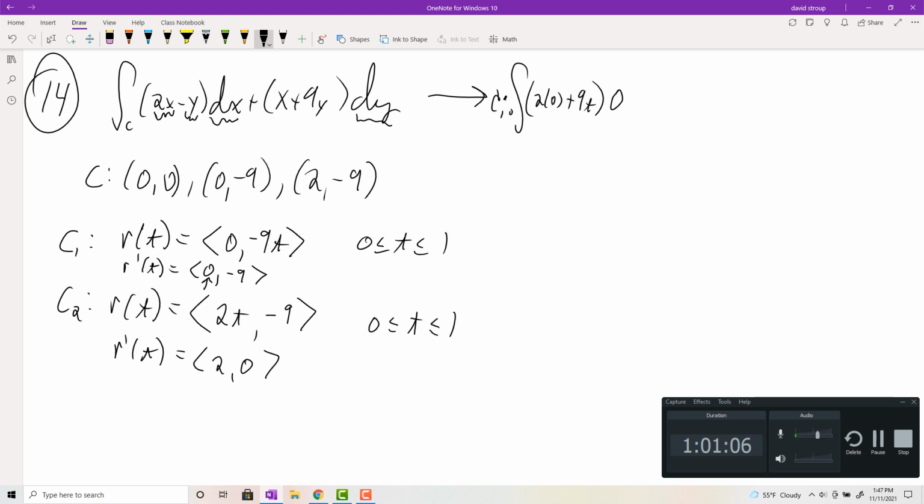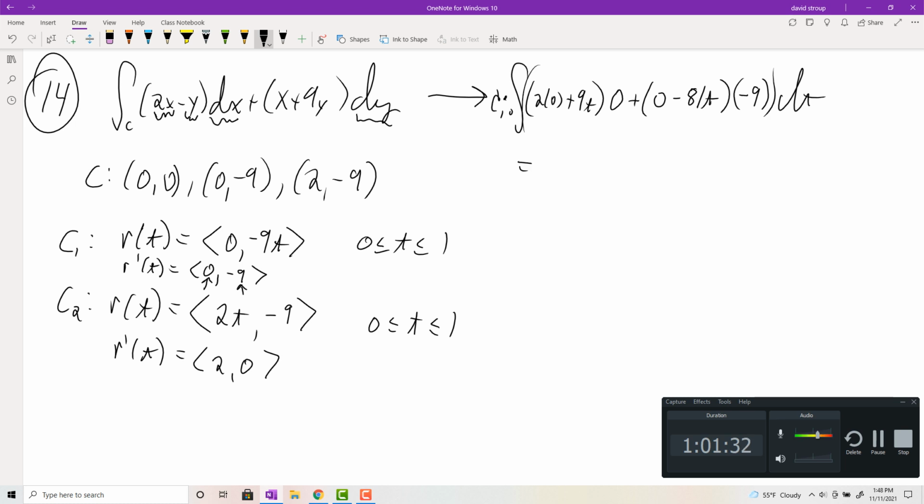That's nice. So that whole thing will be 0. And then plus x, so that's 0, plus 9 times y, so that'd be minus 81 times t, and then times dy, and dy this time is negative 9, like that, and then dt.